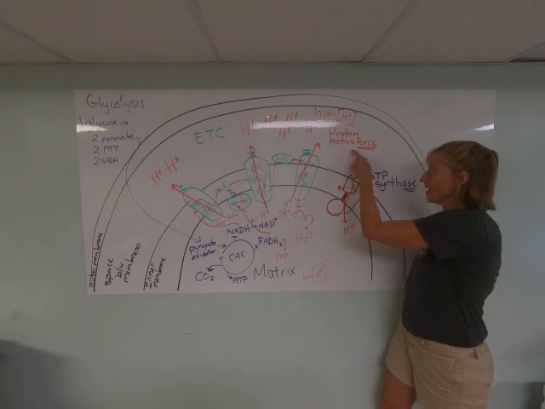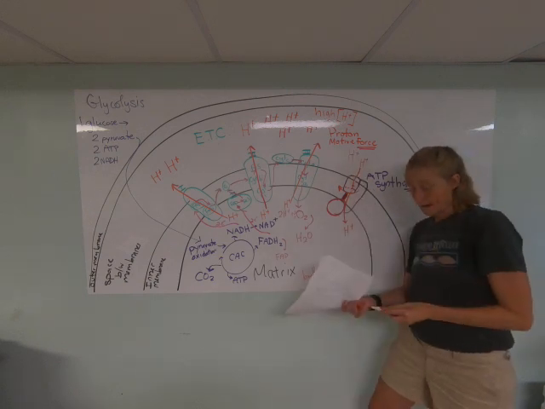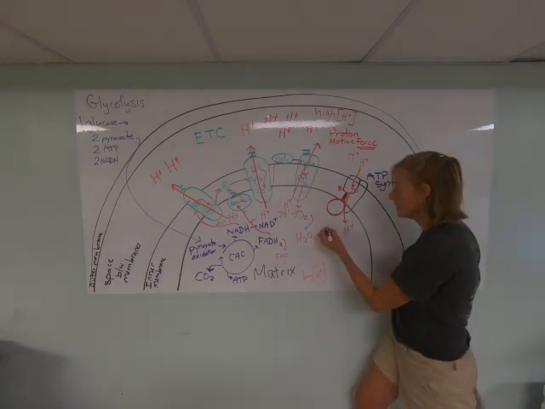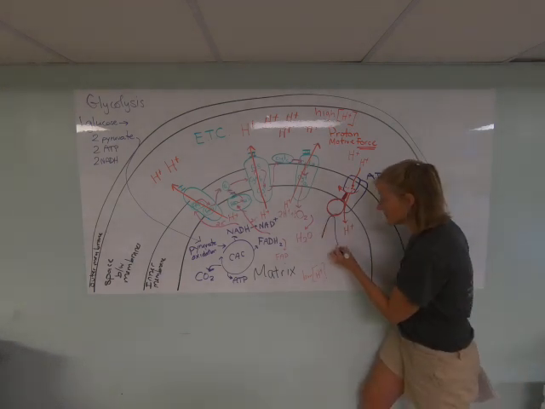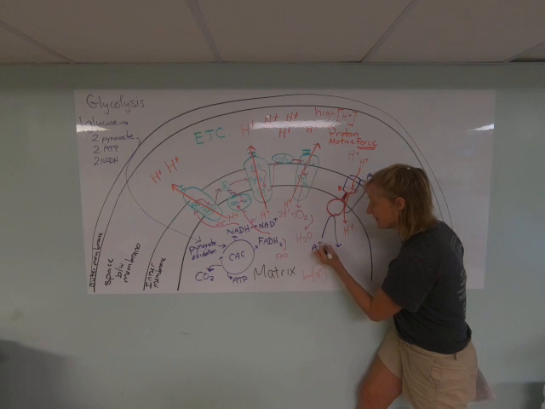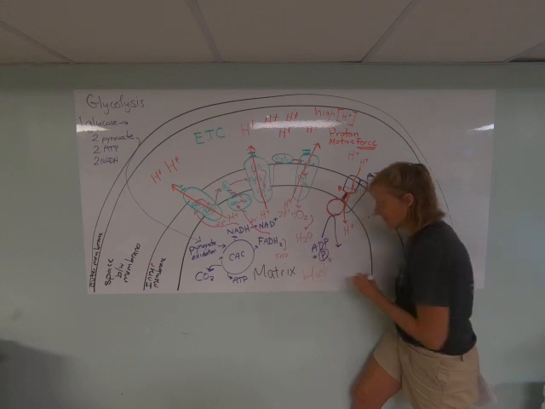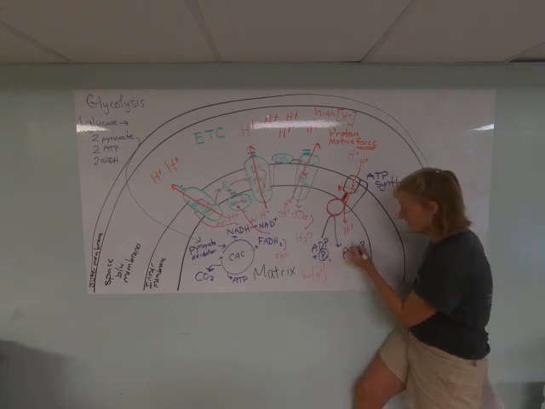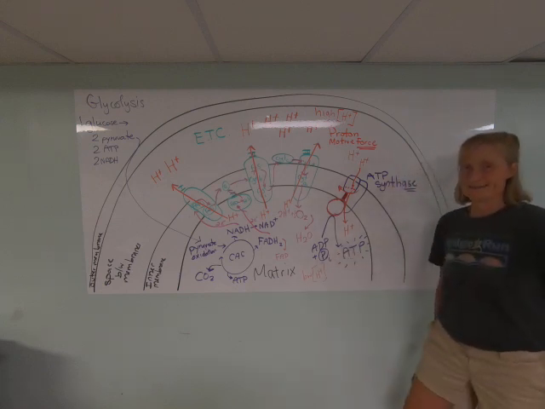So as protons move through ATP synthase, this enzyme can start doing its job. What is its job? Well, its job is to catalyze the making of ATP from ADP and inorganic phosphate to ATP. Guys, we did it.